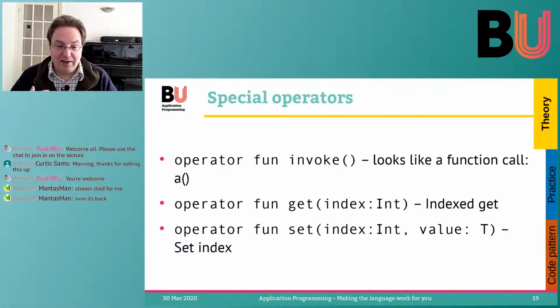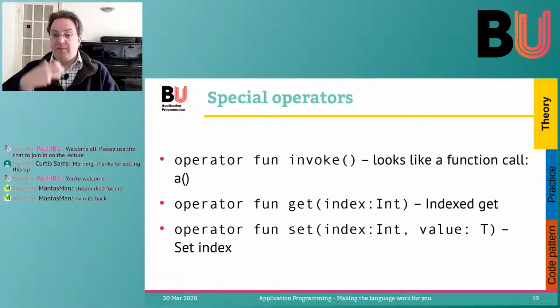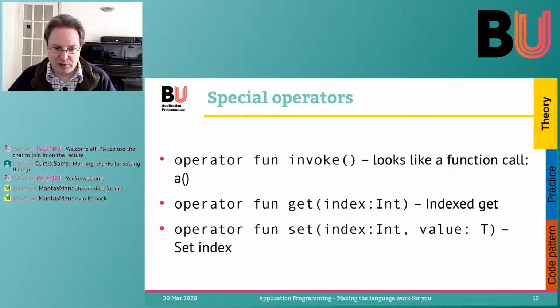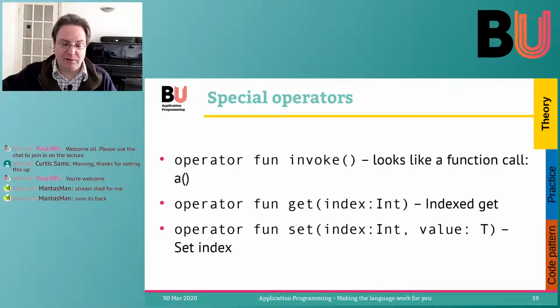And yes, you can have multiple implementations of these that take different parameters, either different value types or different index types or multiple indices. I think Matrix does this, for example. It has one get that takes a coordinate and one get that takes an x and a y value as separate integers.